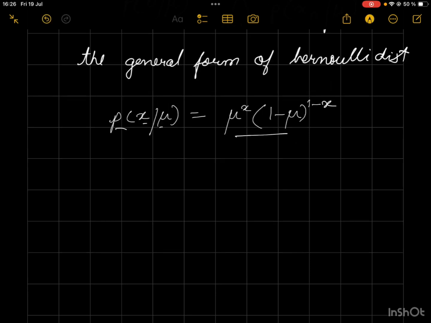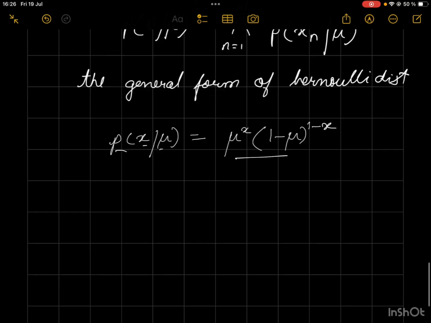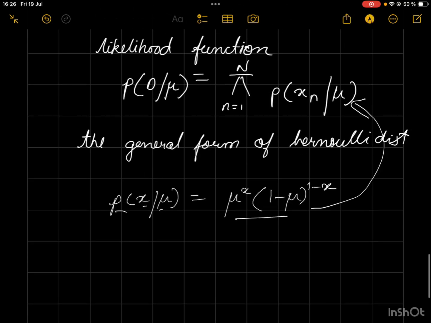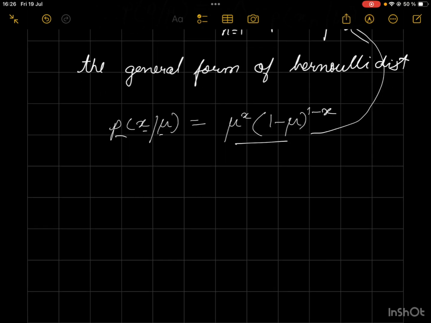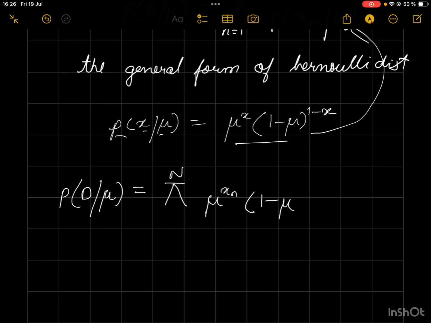If we generalize this to the likelihood equation, the probability of D given mu is going to be the multiplication of all terms until n, mu to the power x of n into 1 minus mu to the power 1 minus x of n. And this is the multiplication symbol.